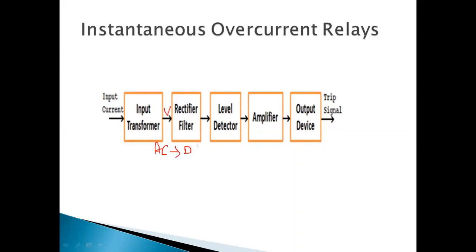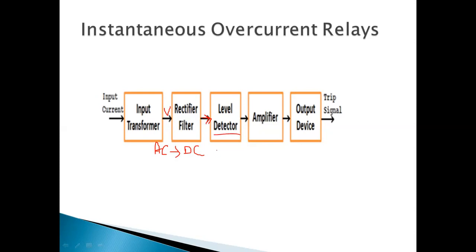If it is converted into DC, there are a number of harmonics, so these harmonics are filtered so that you get the pure output. In simple language, you simply compare the input current with the pickup value of current in this level detector.